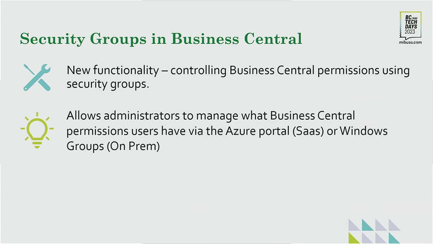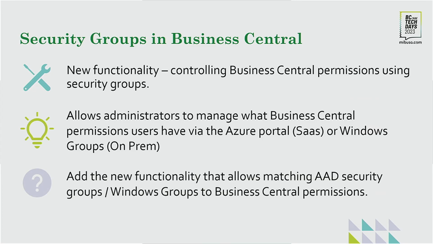This will allow administrators to manage what Business Central permissions you get based on the Azure portal for SaaS or based on Windows groups for on-prem. So effectively, this adds new functionality to control matching of AAD security groups or Windows groups to Business Central permissions. And this will allow you to just move one user from one group to another group and then effectively change their permissions inside Business Central.